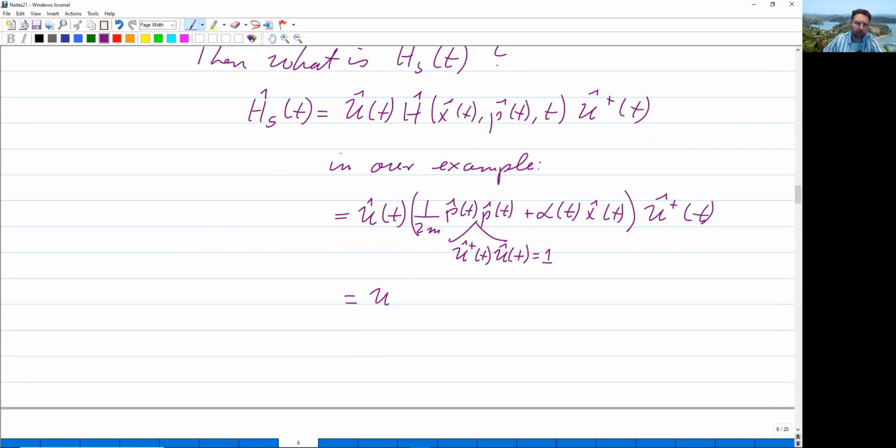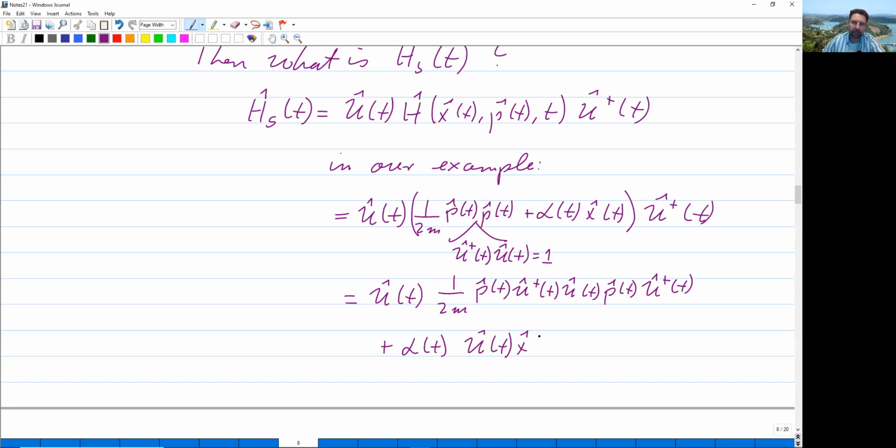So this is then u hat of t, and then it is 1 over 2m, and then p hat of t, u hat dagger of t, u hat of t, and another p hat of t, and actually, let's just write it like this, and then we have a u hat dagger of t plus alpha of t, and then u hat of t, x hat of t, u hat dagger of t.